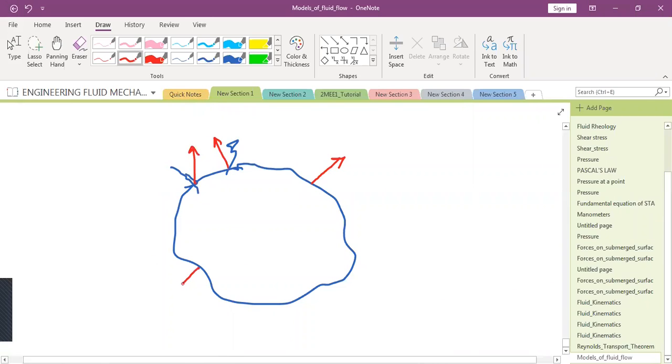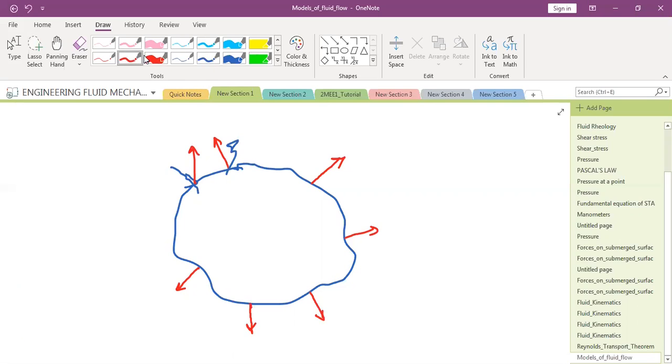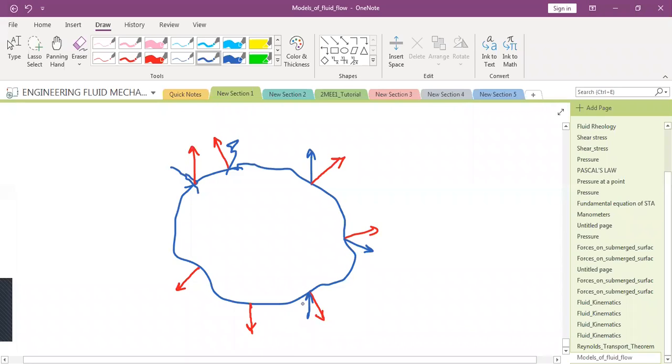So these are the surface normals at various locations, and the surface normal is always pointing out. Say the fluid is represented by this blue, and fluid is exiting at these points in some other direction. Is that clear? Any doubts?